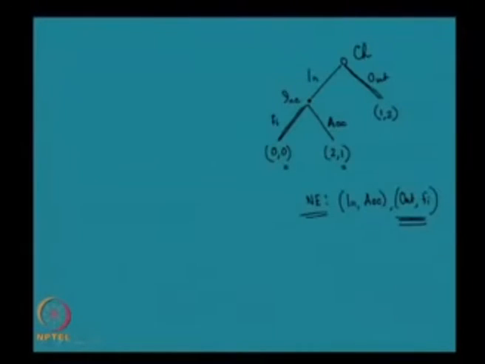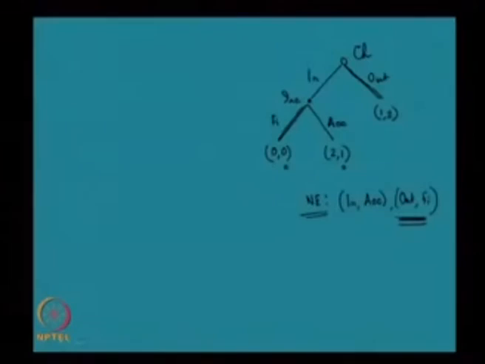This Nash equilibrium is not a robust steady state, because if some player deviates, then the action of the other player, which is specified by this Nash equilibrium profile, is not optimal. That is why it is not a robust steady state.